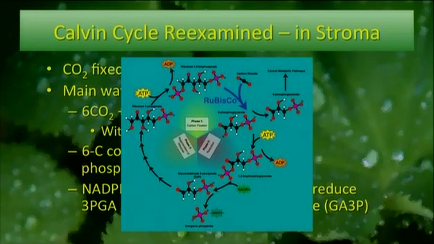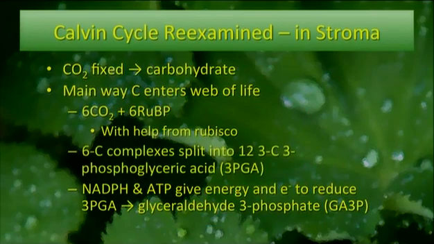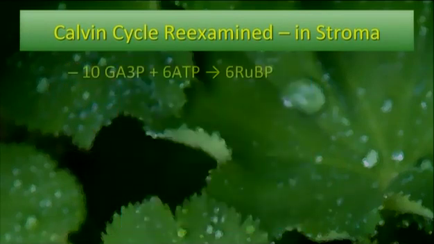What we see here, ATP and NADPH. Anyway, so you have 10 GA3Ps, glyceraldehyde 3-phosphates, plus 6 ATP, makes 6 ribulose bisphosphates, or RuBPs.